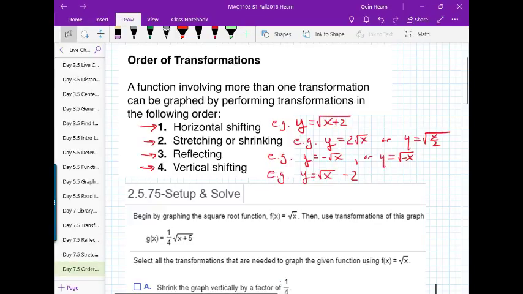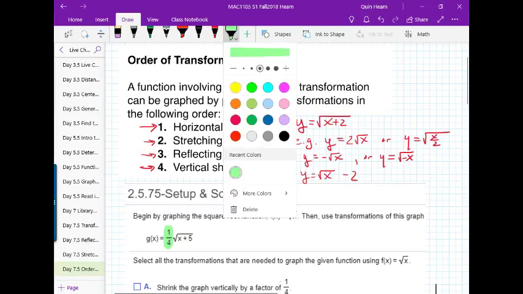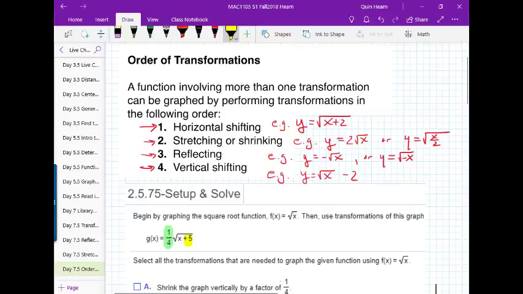Okay, so if we are looking at g of x equals 1/4 square root of x plus 5, there are two operations being done here that weren't done in the original square root of x function. There's the multiplication by 1/4, and then there's the 5 being added.